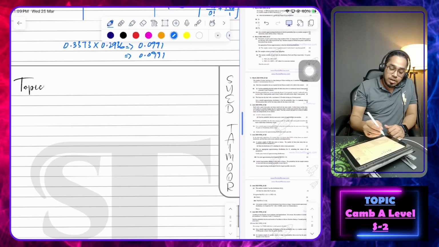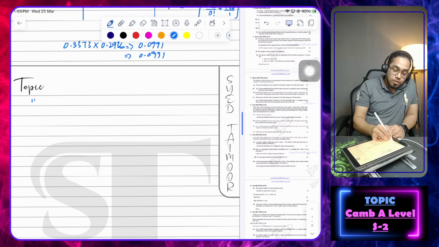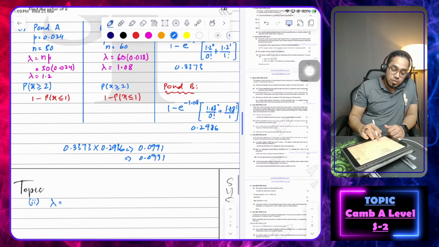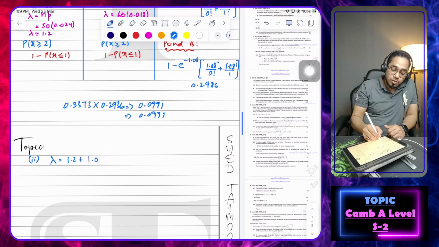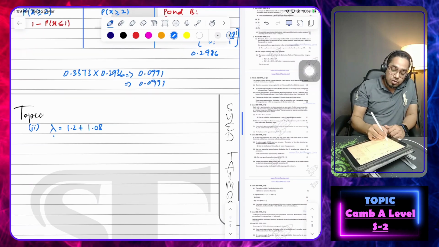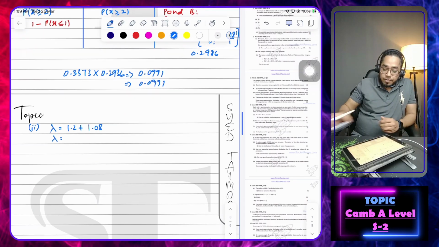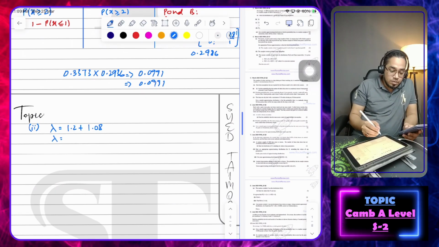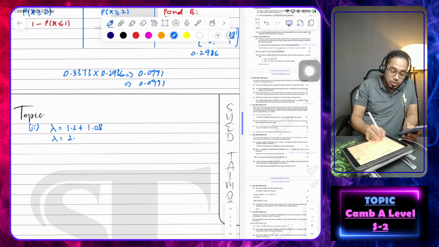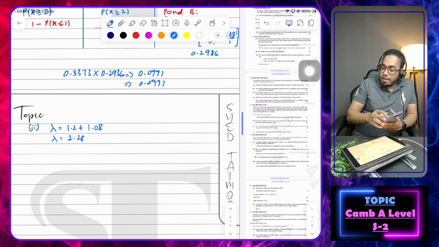So we can say that for part 2, lambda will be equal to 1.2 plus 1.08, so it is going to be 2.28.